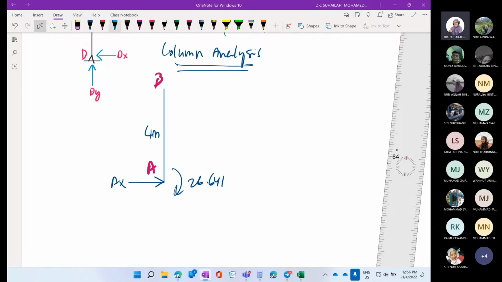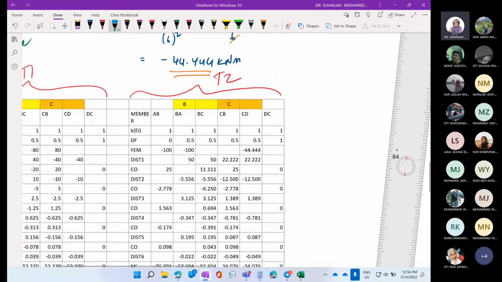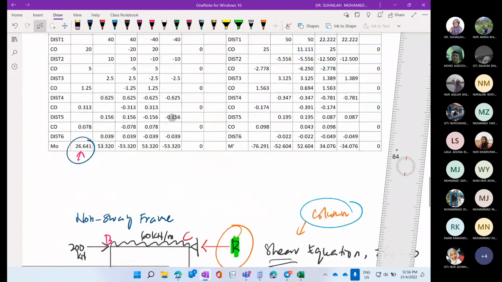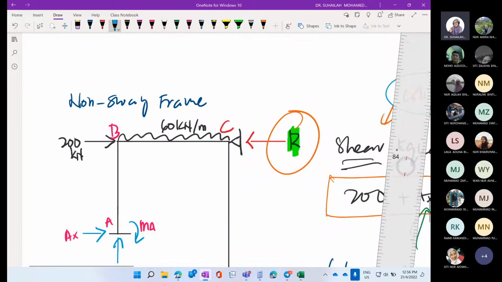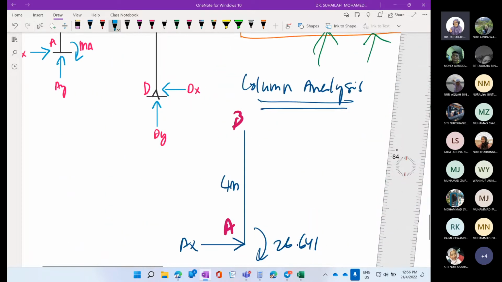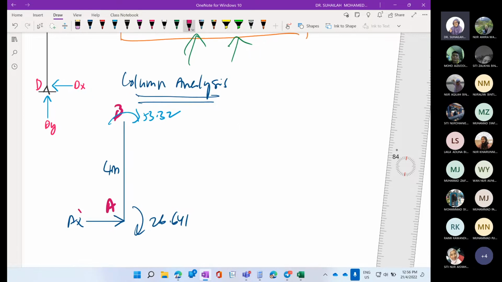We have another one, the moment at B, which is 53.32. The moment at B is positive 53.32.